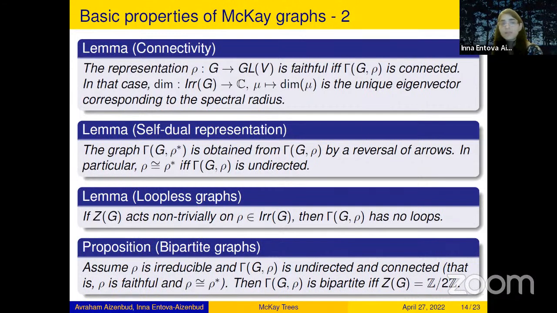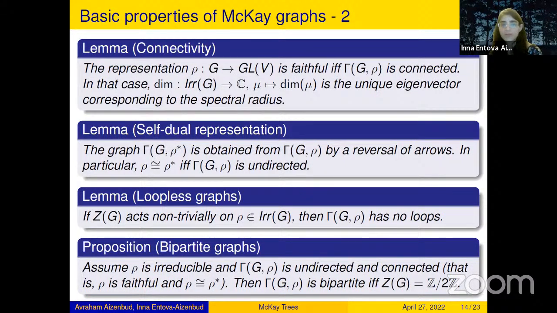And in that case, we actually know that the spectral radius, the maximal eigenvalue which we can get, has multiplicity 1. So there is a unique eigenvector which we can find, which corresponds to the spectral radius. And of course, this eigenvector will have positive integer entries.